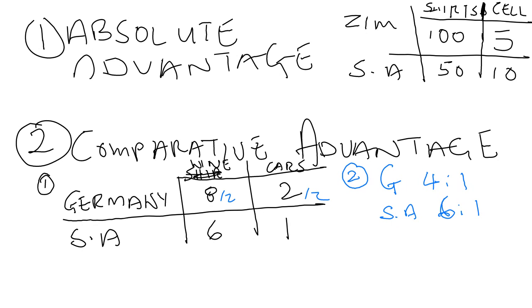Right? So in this case, guys, the right answer there would be obviously that SA, because they produce, as Ria's putting across, 6 barrels of wine for every car, right? Whereas Germany only produce 4 per car. Okay, and that's why SA in this case would be better at producing wine.